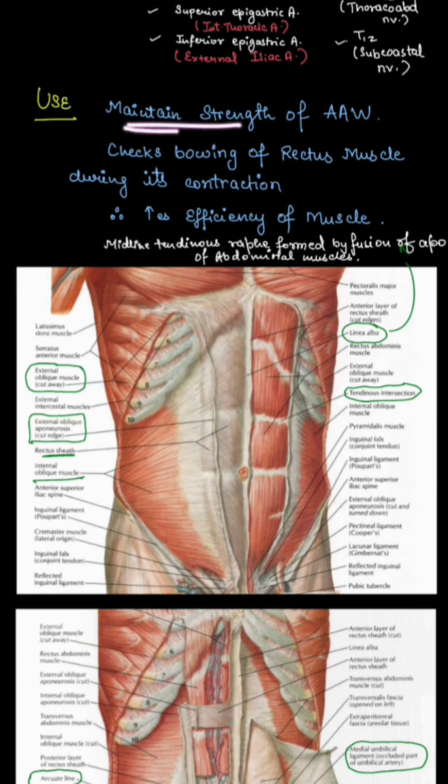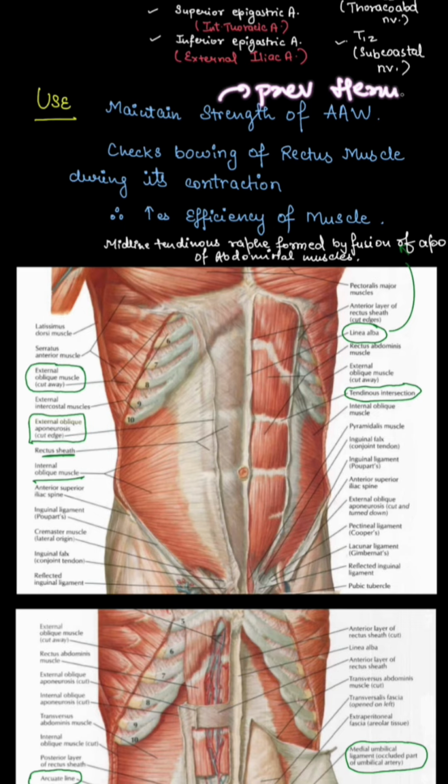That is why it prevents herniation of the bowel, because intra-abdominal pressure is very high, and when you do activities like weightlifting, coughing, straining while defecation, or in some cases straining while urination, then intra-abdominal pressure is significantly increased, and it is the rectus muscle and the rectus sheath which provide strength to the anterior abdominal wall, that prevents hernia.